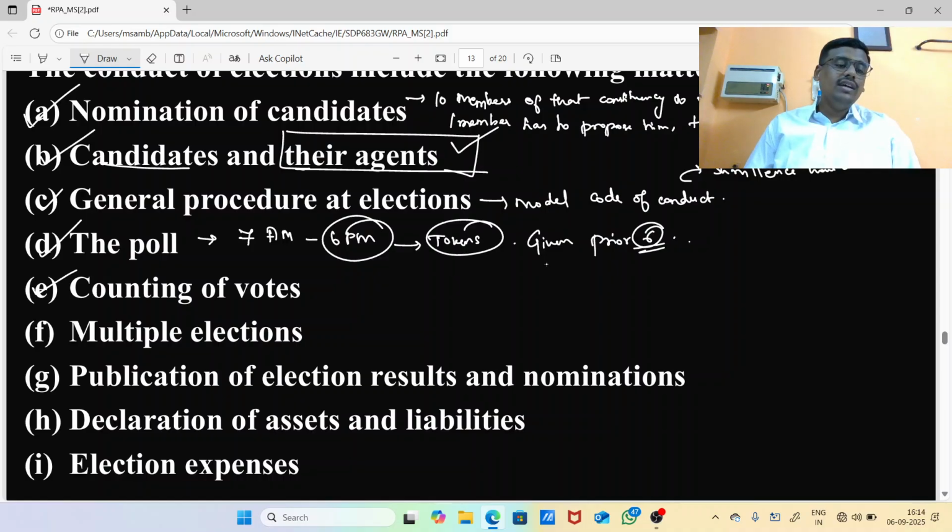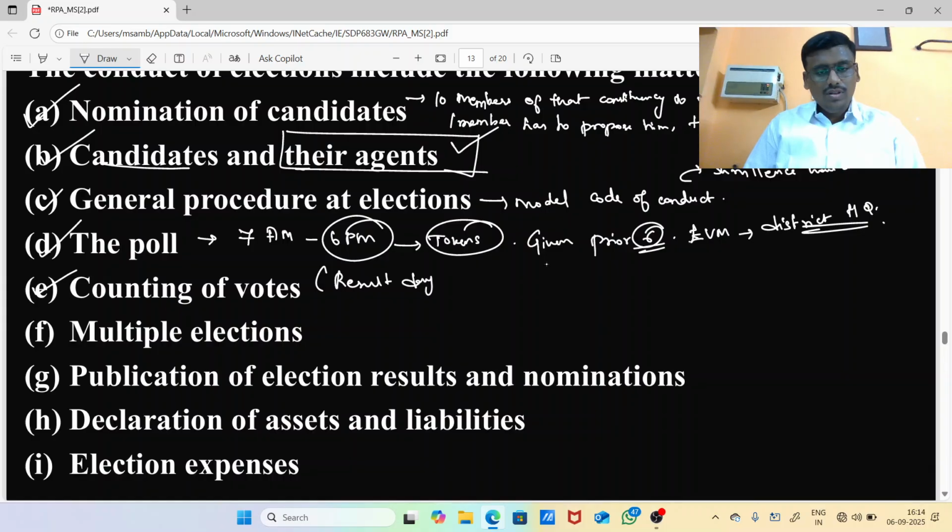And then after this polling of elections, the EVMs are taken to district headquarters. So the counting of votes, there comes the result day. So multiple elections.